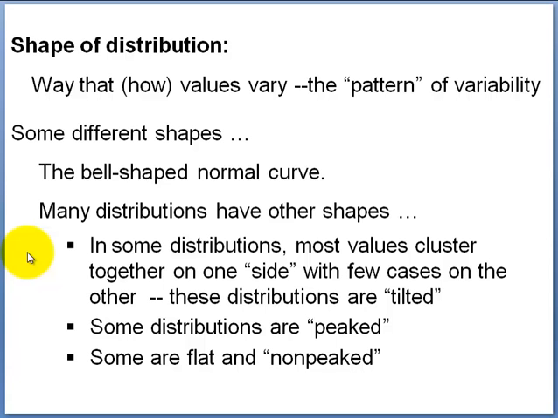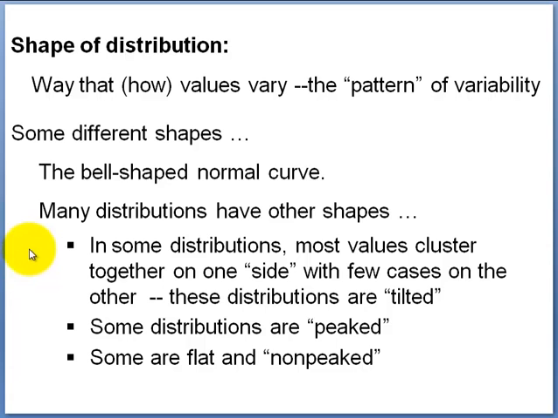Some distributions appear tipped, say with most of the cases congregated perhaps on the left side, and thus the curve being very high on the left side, but then fewer cases on the right side, and so to speak, the tail of the right side very, very spread out to capture extreme values.